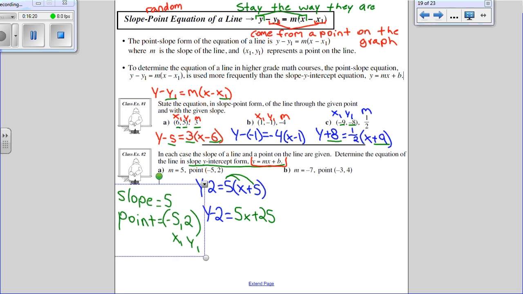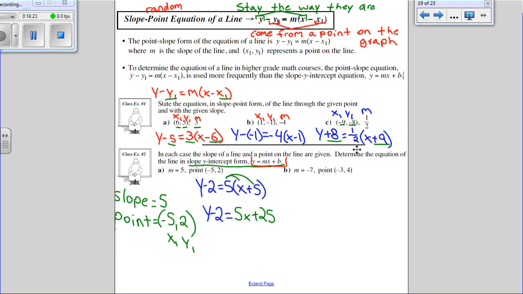The brackets are now gone, and this thing looks really close to slope y-intercept form. The only thing that's throwing it off is we have this negative 2 right here. How can you move a negative 2 from one side to another side, so that the y could be all by itself? Right, and you do the opposite, right?